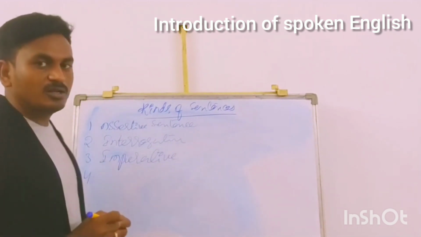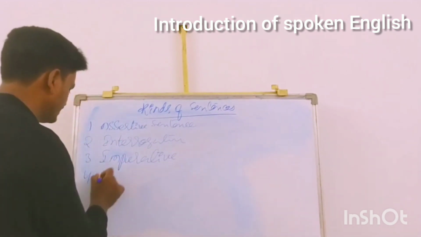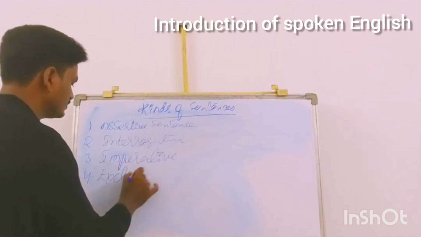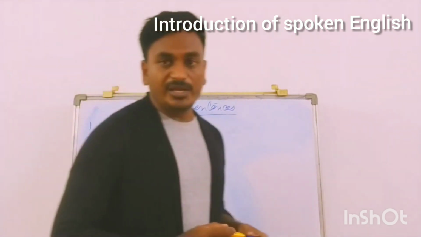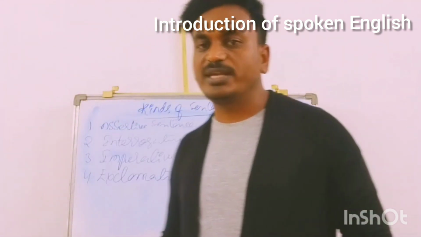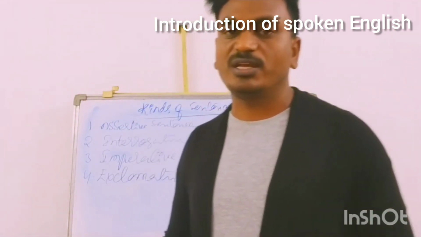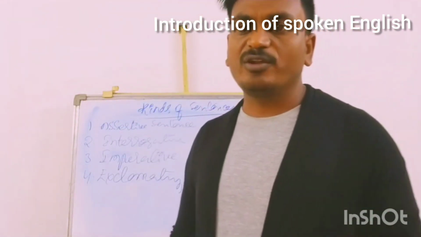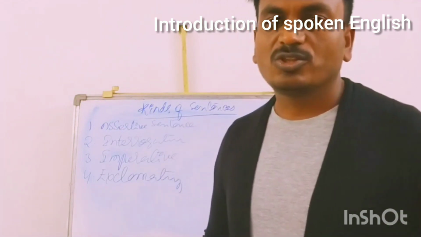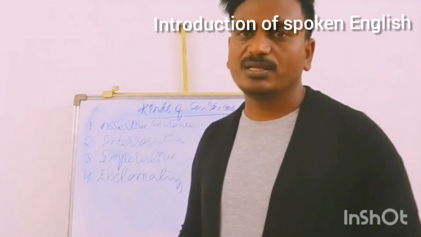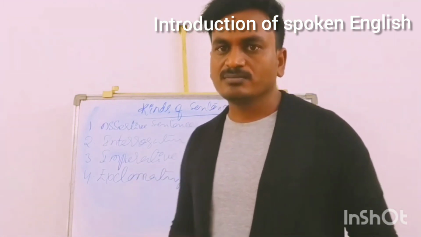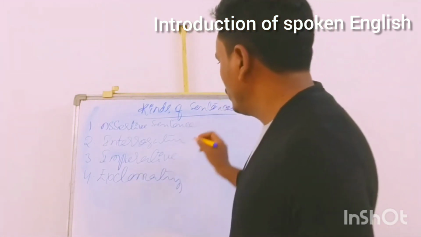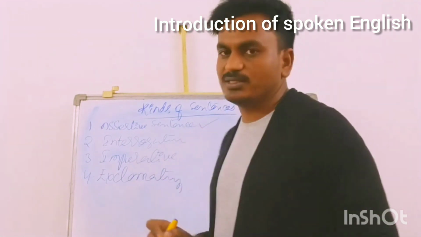The fourth is called exclamatory sentence. Again I am repeating, there are 4 kinds of sentences in English grammar: the first is assertive, second is interrogative, third is imperative, and fourth is exclamatory. In this introduction class, we are learning about assertive sentences.